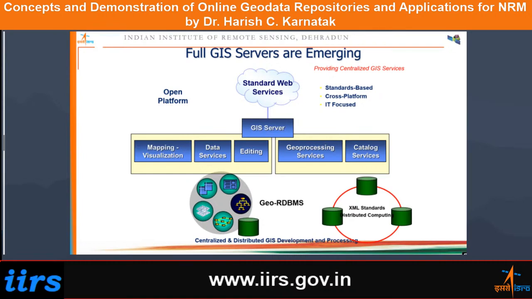The typical computation requirements, like processing capability, secondary storage, and RAM or memory, can all be met by using cloud computation architectures. Your processing happens in the server infrastructure, and you only get the output. At the same time, these GIS servers also have the capability to publish a catalog service.